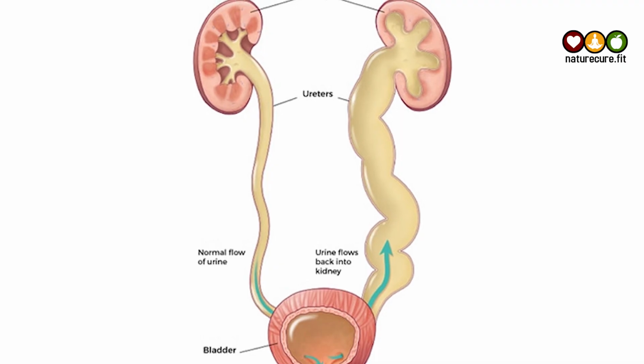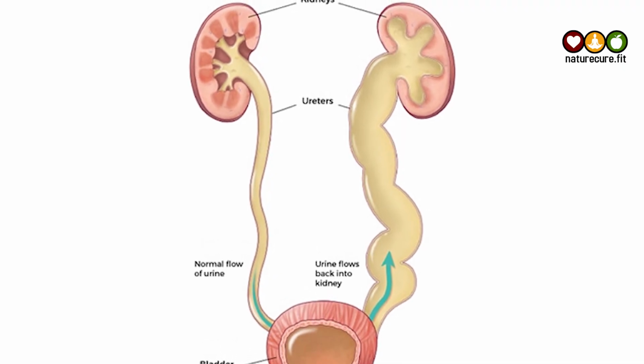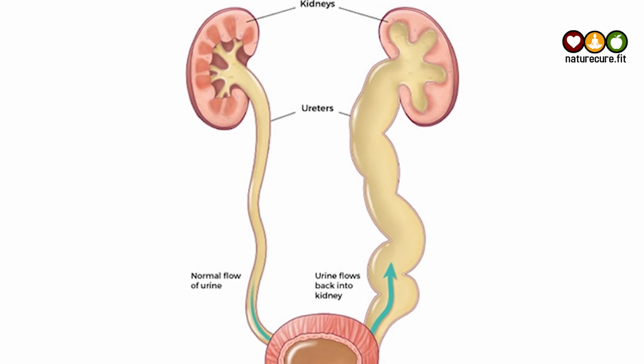This is generally a unidirectional flow from the kidneys through the ureters to the bladder and to the urethra outside. So what will happen is, when the valves which provide unidirectional flow fail, whenever the child attempts to pass urine, the urine is pushed back to the kidneys in the reverse direction. This is called vesico-ureteric reflux.